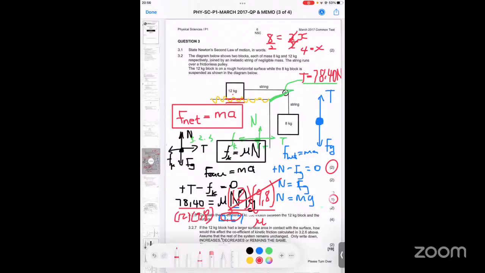You see, when you have to calculate the coefficient of kinetic friction, Liseko, it's all about knowing all the up and down forces. Let's say there was a force which was at an angle, maybe a force applied at a certain angle.